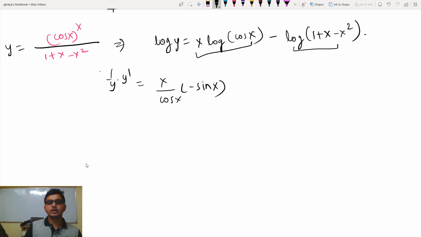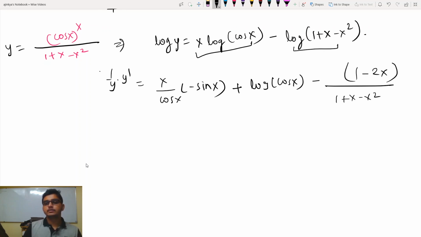So this is nothing but minus tan of x, and then we have plus log of cos of x, which is the second term, minus 1 upon 1 plus x minus x square, and the differentiation of it will be 0 plus 1 minus 2x. So this is 1 minus 2x.